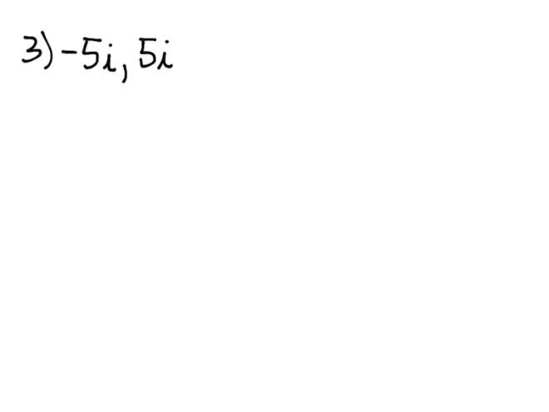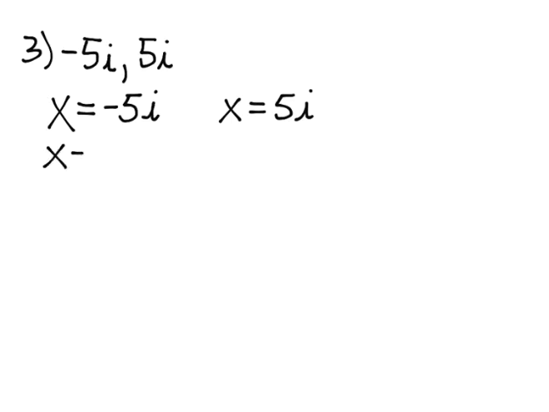Okay, our next example is going to look kind of weird. There are no fractions here, but we do have imaginary solutions. You can almost treat the imaginary solutions as if it just said a -5 and a +5. So we're going to get these equal to 0.